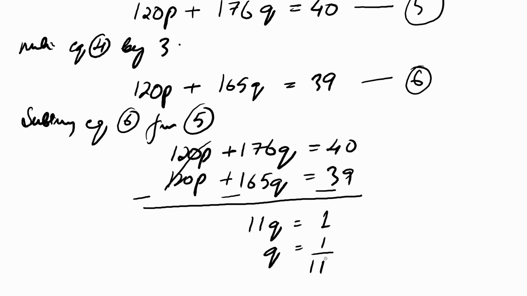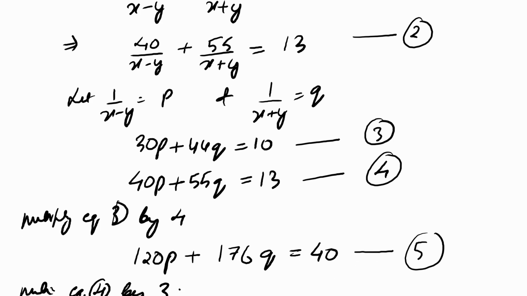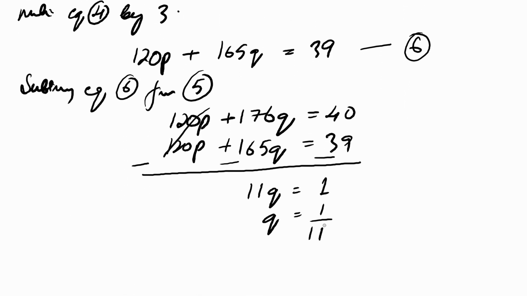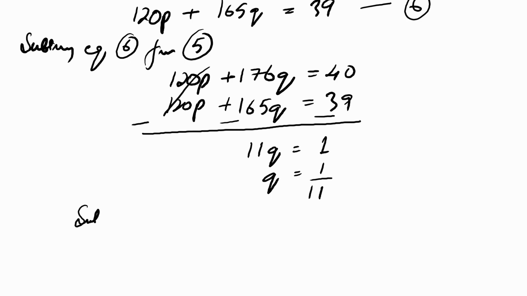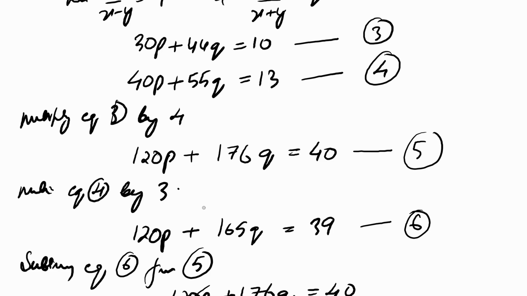Similarly, we can find out p. For p, we will substitute q in equation 3. Substituting q in equation 3: 30p plus 44q is equal to 10.